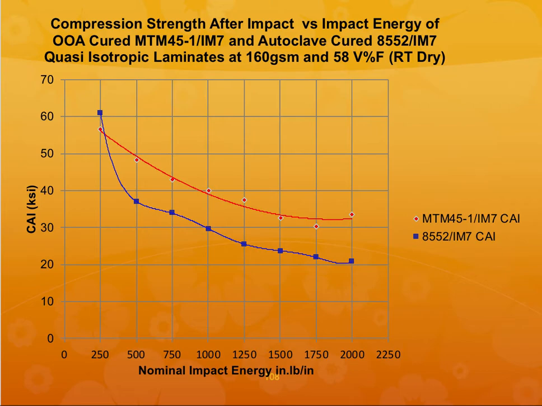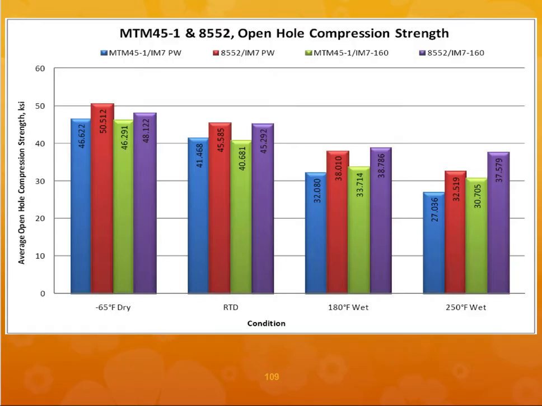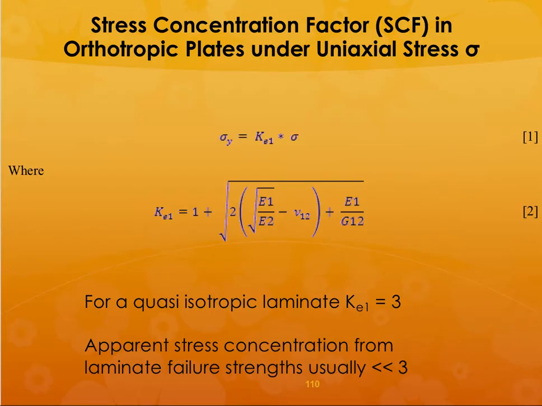You need to look at that and see if your properties are going to be within the required limit or not. Here are some equations for similar stress concentration factors, etc. You have to do similar things for every single test condition.